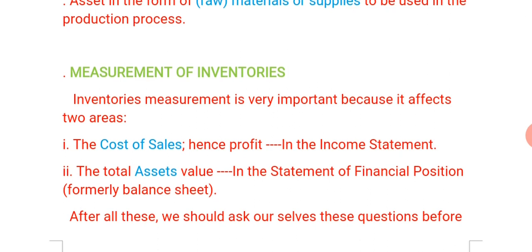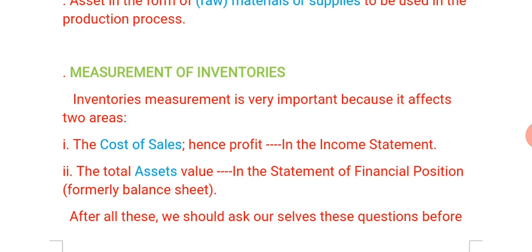Then the second is the total asset value. Now, inventory is an asset, that is quite common, and assets are presented in the statement of financial position. So if you have an increase in inventory, obviously your asset value would increase, and a decrease in inventory will cause a decrease in your asset value.